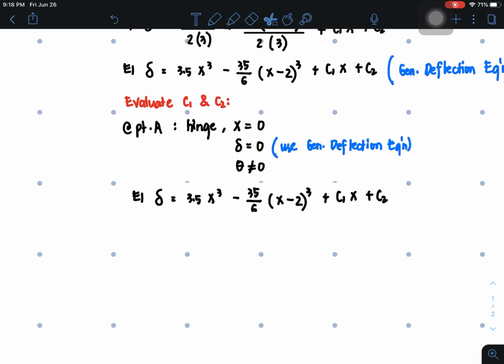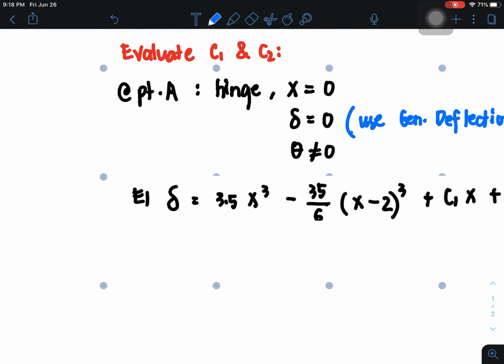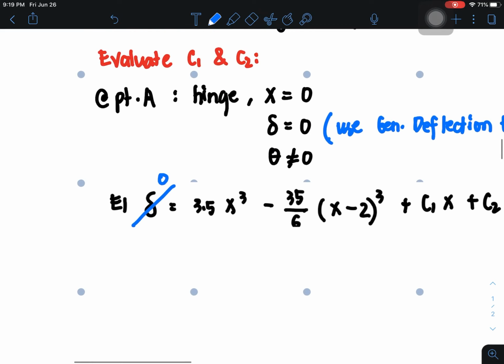What we're going to do is substitute the values. We substitute the deflection equal to 0, and our x equal to 0.